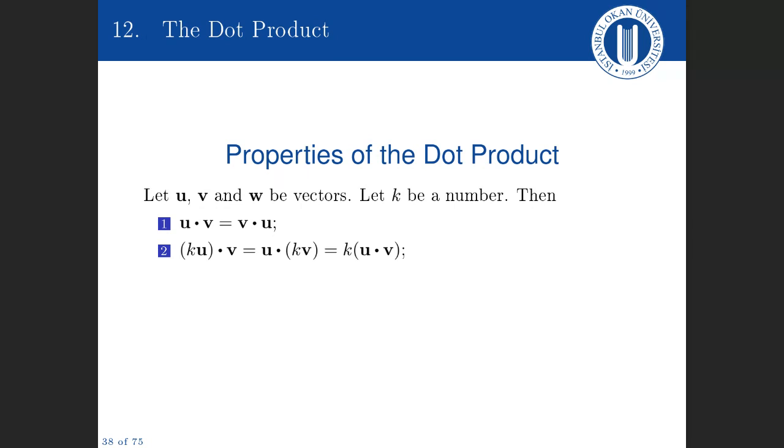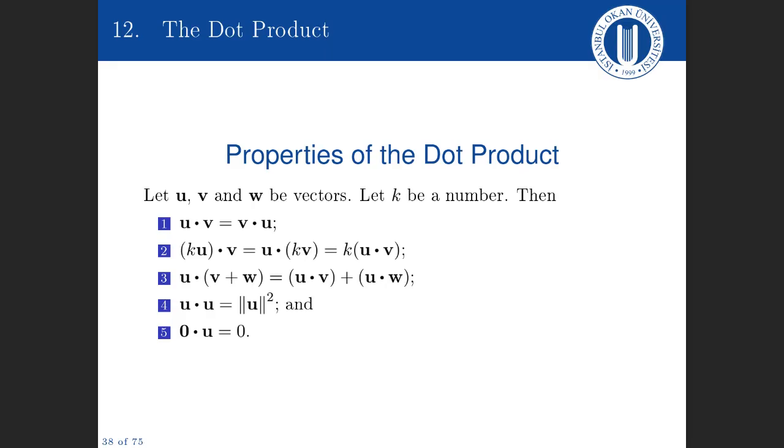We can put the number k anywhere we want. u dot v plus w, similar to multiplying a number a by a number b plus c, we get u dot v plus u dot w. If we do u dot u, we always get the norm of u squared.